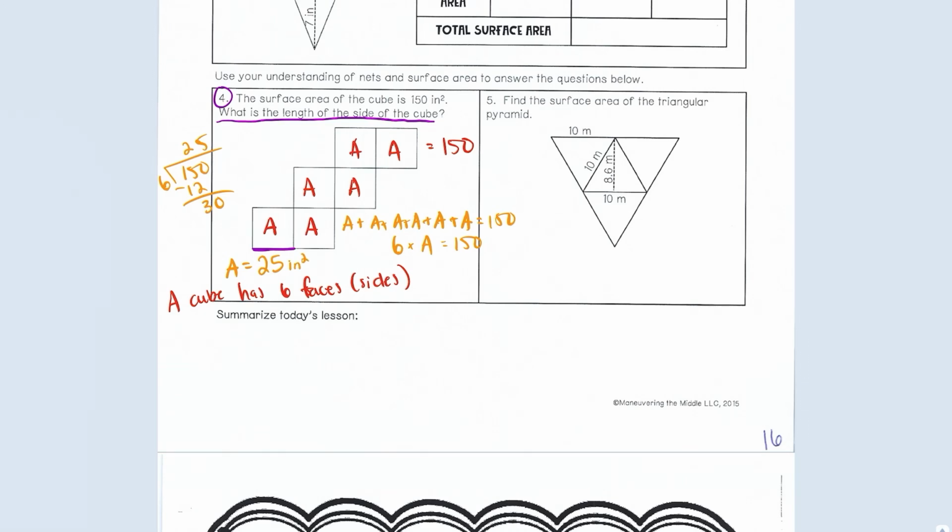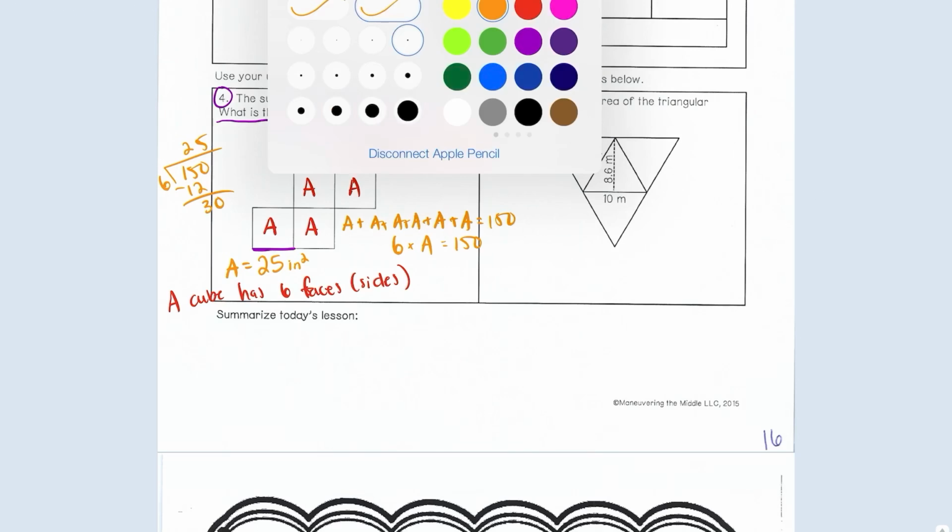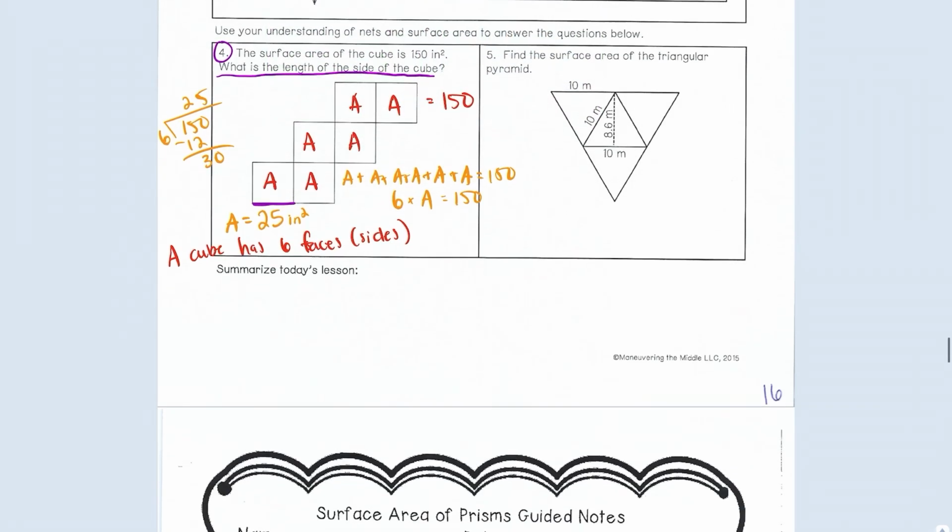Now here's the part where you need to ask yourself, am I finished with what I'm supposed to do here? Well, let's reread the question. It says, what is the length of the side of the cube? Well, 25 square inches, the square inches tell me that it's an area, so I don't think I'm done here. Remember, I'm looking for the length of the side of a cube. And what do you guys know about the sides of cubes?